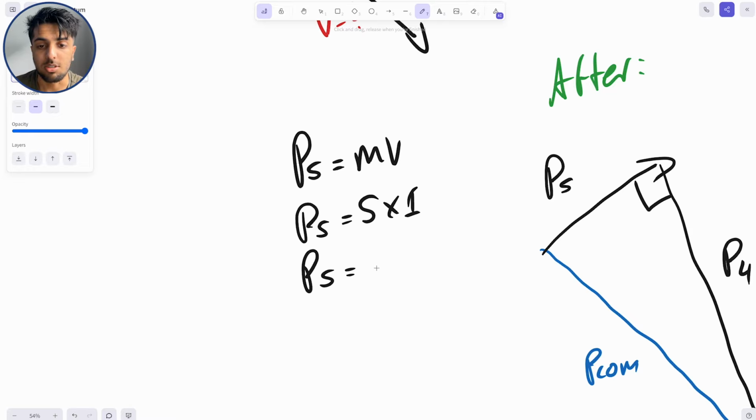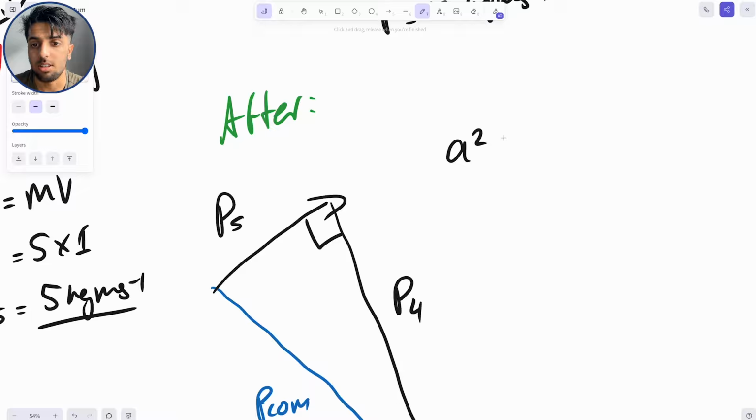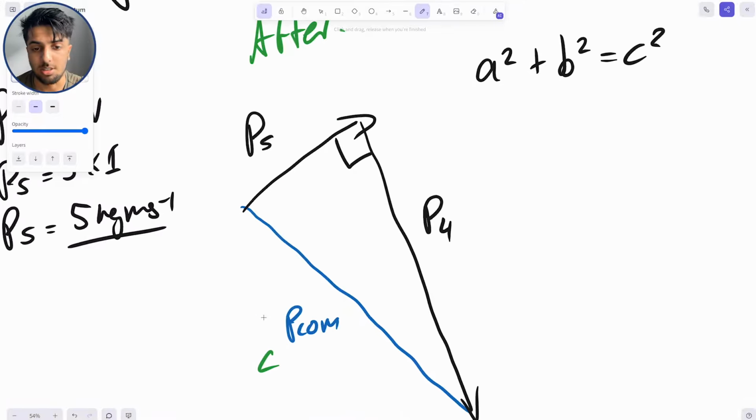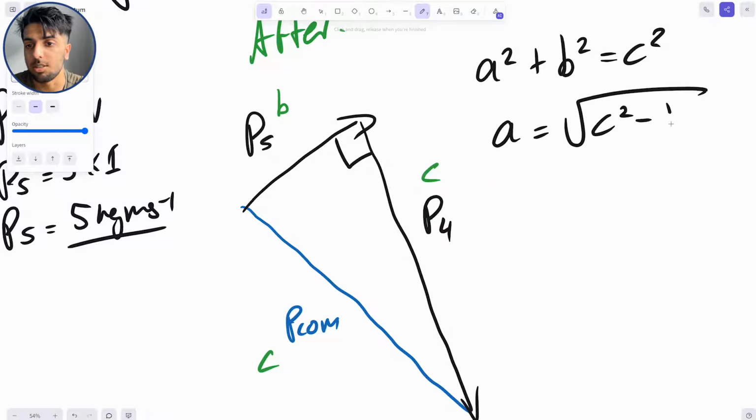And so the momentum is just 5 kg meters per second. So again, we can just use Pythagoras, which is a squared plus b squared is equal to c squared. And so we can label this c, and this can be our b, and this can be our a. And so rearranging for a, we get a is equal to the square root of c squared minus b squared.